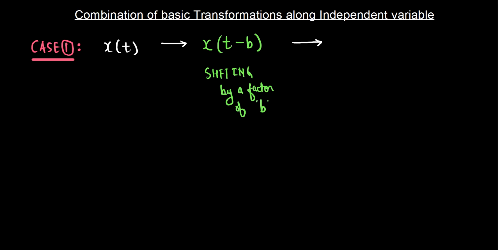Say for example, now we are scaling the resultant signal by a factor of A. Therefore, the resultant signal will be x of At minus B. You may note the changes here.